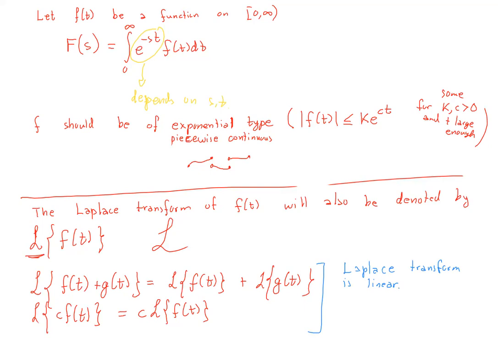Okay. Let's do a computation. Let's find the Laplace transform of the constant function one. Don't assume that the Laplace transform of a constant function should necessarily be constant, or anything else of that type. Let's just compute it. What is it going to be?